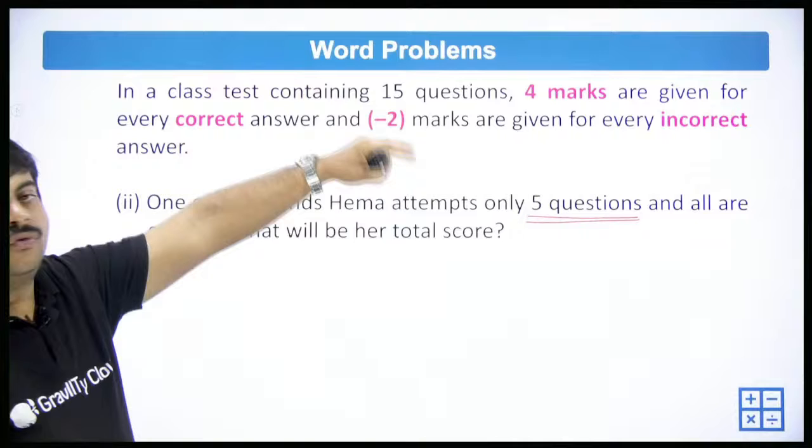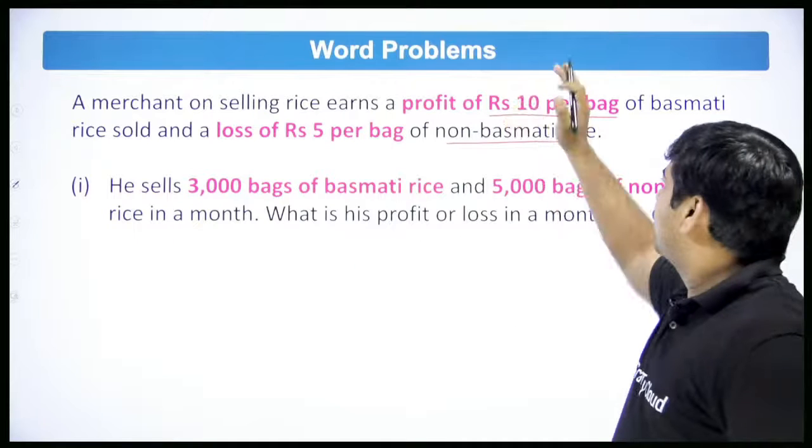So a merchant is selling both basmati and non-basmati. How many bags? We still don't know that. For a basmati bag, he is getting plus 10 as profit. And a loss of rupees 5 per bag of non-basmati.